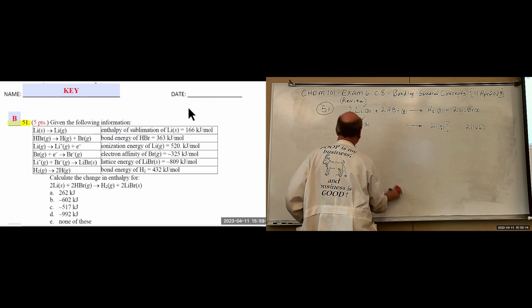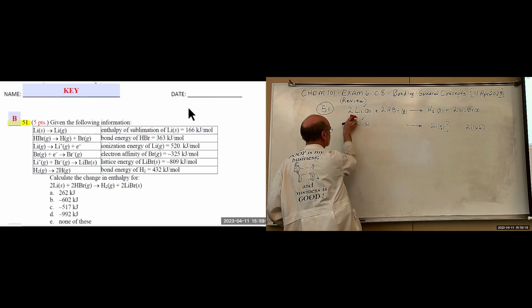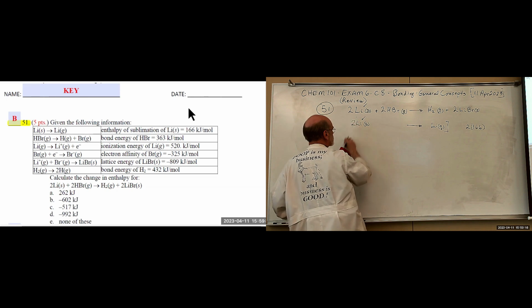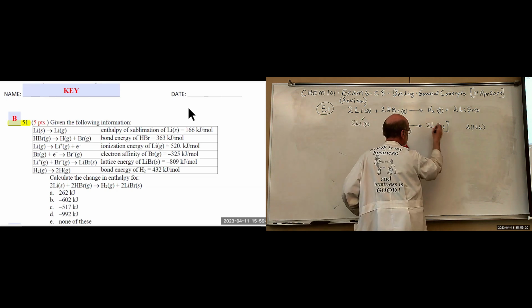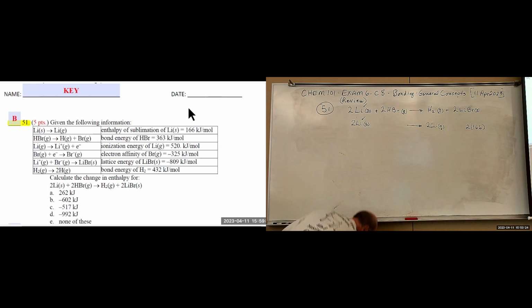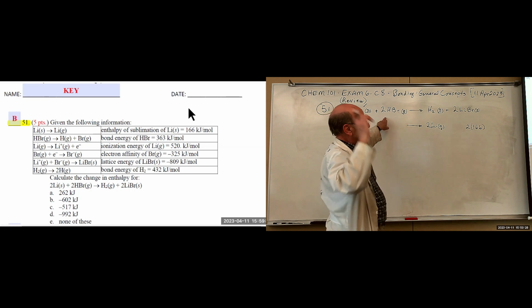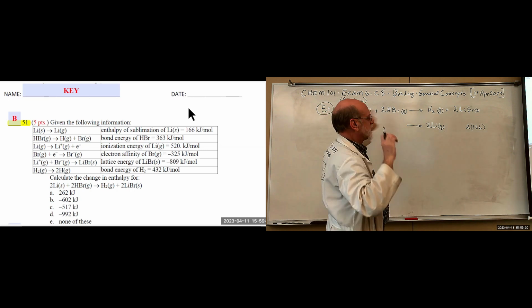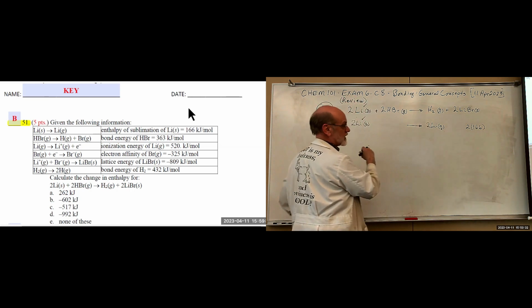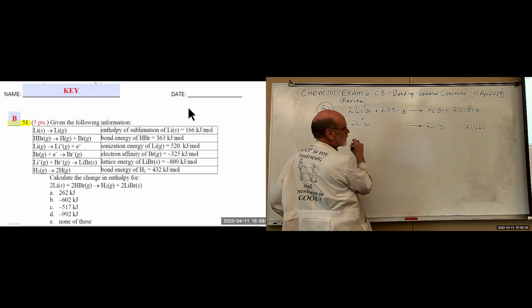All right, let's do it this way: 2 here and 2 here, so we don't lose track of our coefficients. All right. Now, how about HBr? We need HBr gas on this side. Okay, there it is, HBr gas, and we need 2 of them.